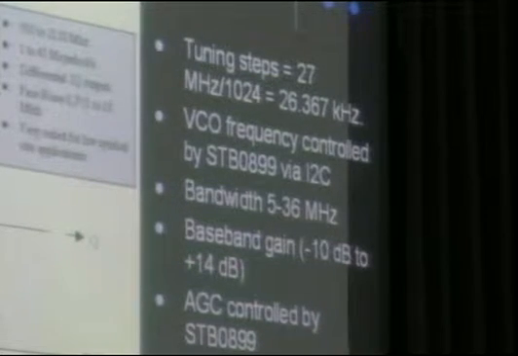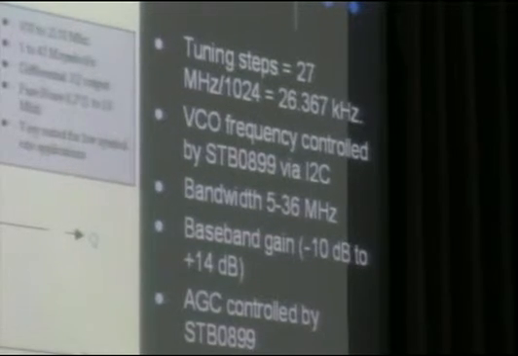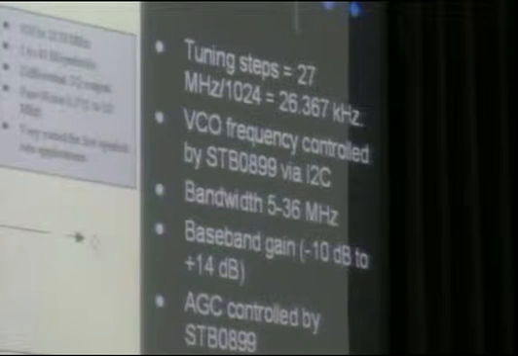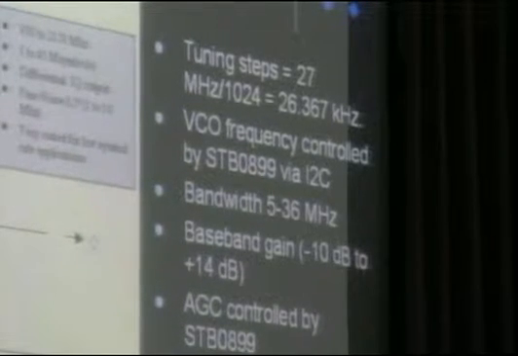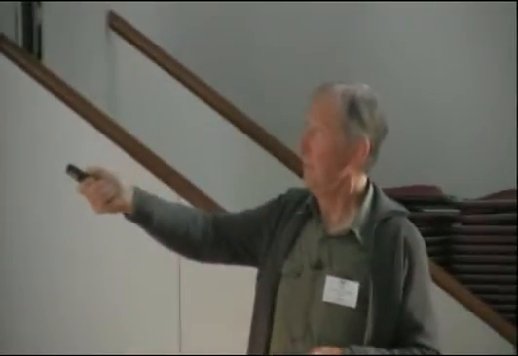This is important because in the QPSK demodulator we will see something special, a magic tool for me that allows to correct this problem. Because if you have this frequency and you want to set to 1255000 megahertz, this is not an exact multiple.